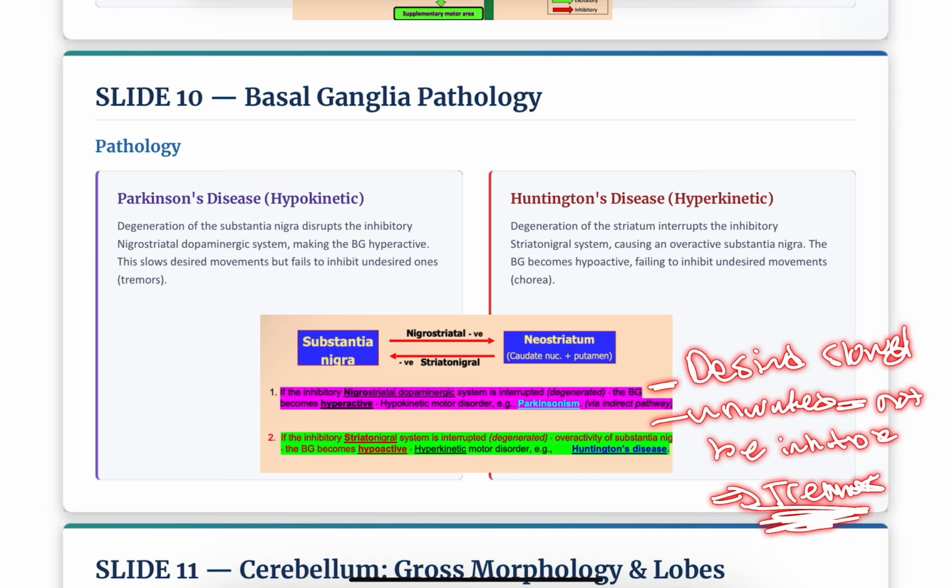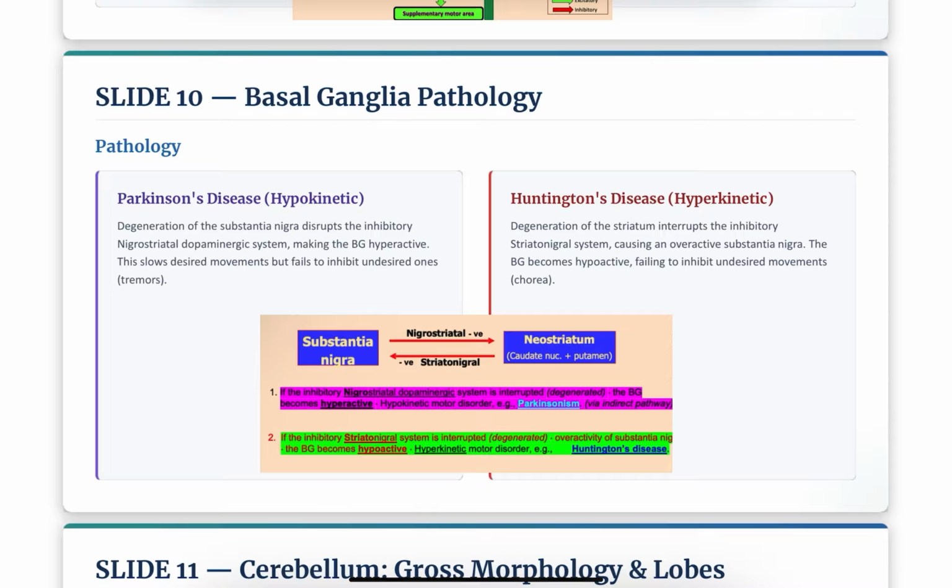Okay, so what is happening here again? We have a disruption in the inhibitory nigrostriatal dopaminergic pathway, because I have degeneration of the substantia nigra, leading to hyperactivity, leading to the desired movement becoming slowed and the unwanted movement not being inhibited, leading to tremor.